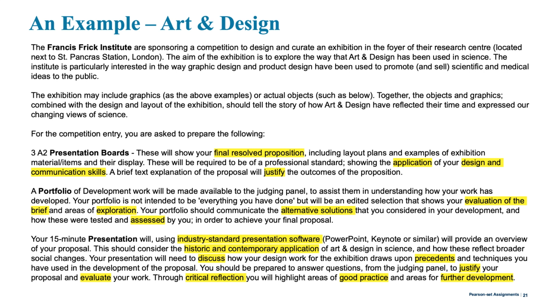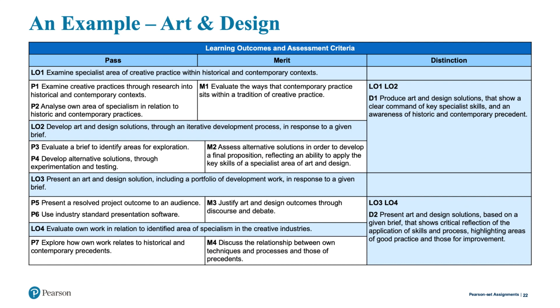And you can see that the use of words like justify and explore and assess, evaluate, critical reflection, and so on are picking up the language from the assessment criteria. And the students can make that correlation between the assessment criteria and the assignment brief to be able to see how pass, merit, and distinction are embedded within that assignment brief.